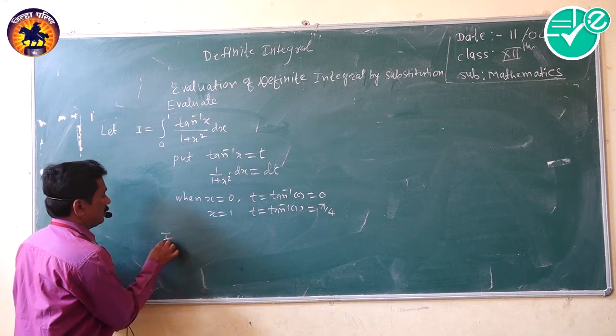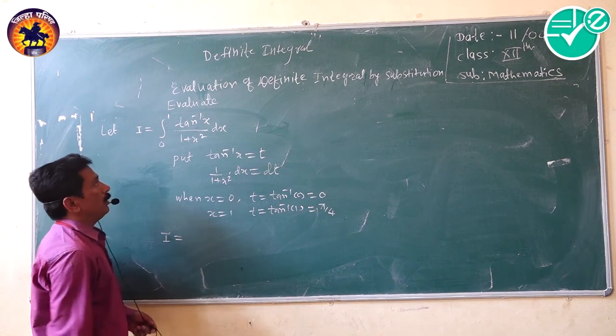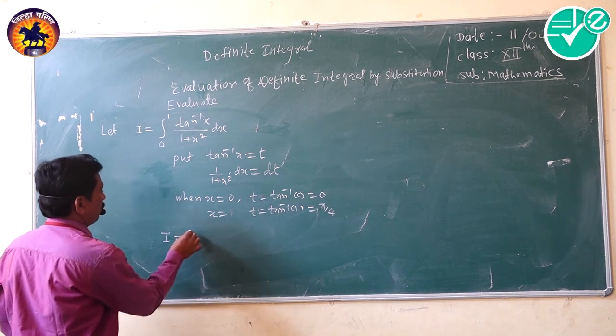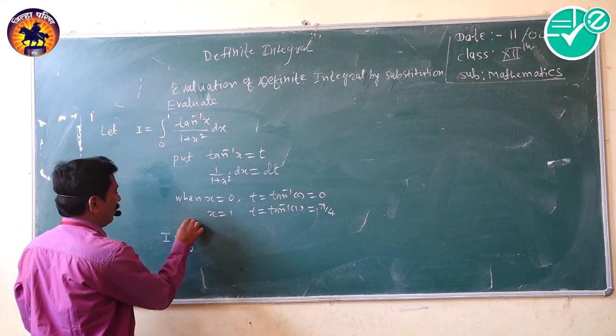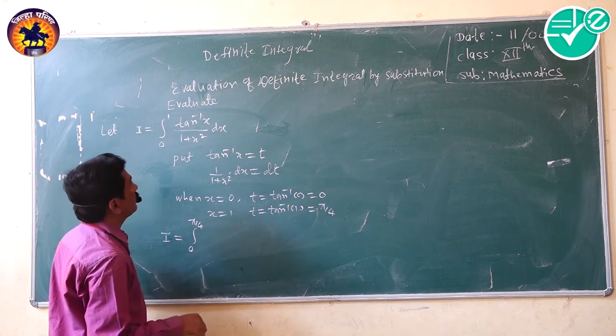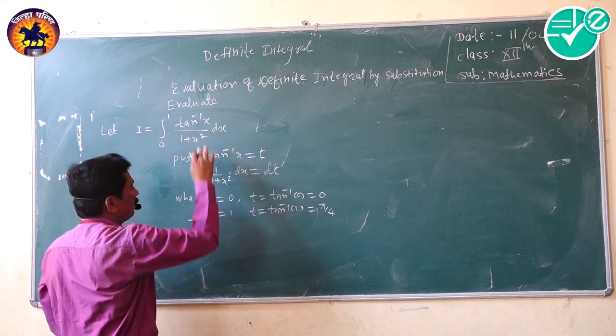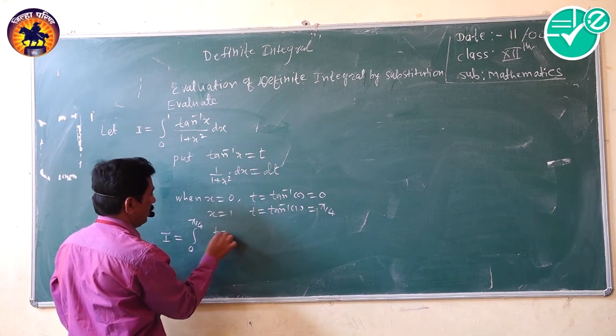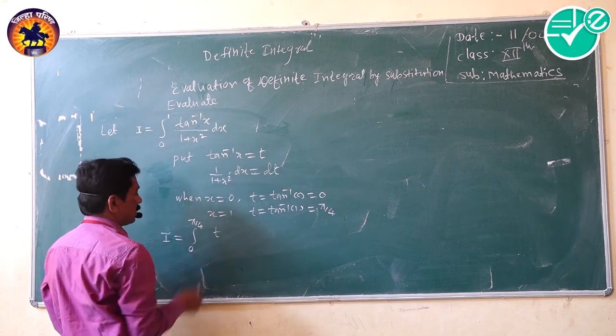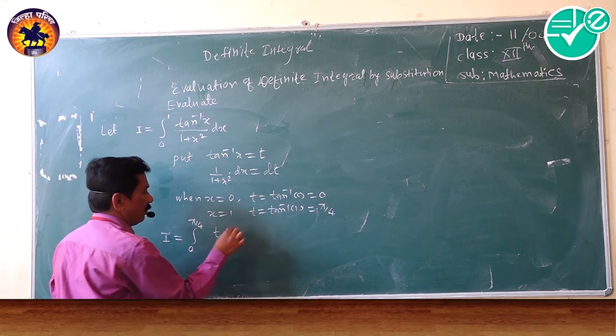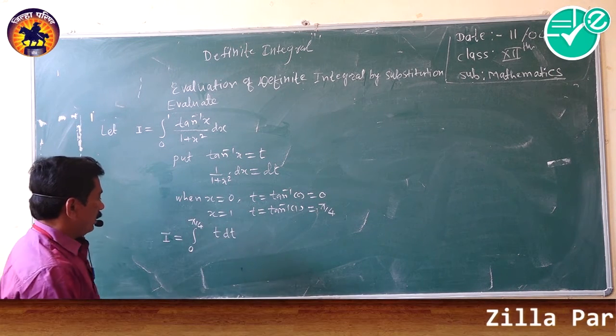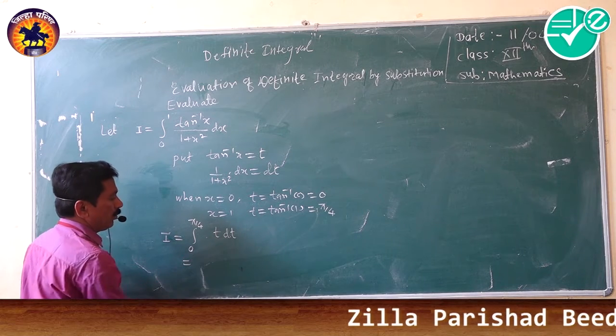Therefore I becomes integration from 0 to pi by 4. For this tan inverse x, we put t, and dx by 1 plus x square is dt. Therefore this is nothing but integration of t dt.